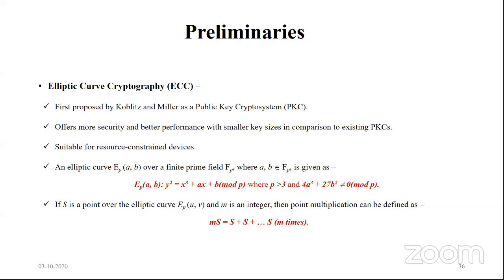If we consider S as a point on the elliptic curve and M as an integer, there is a point multiplication operation that is represented by MS equal to S plus S, and so on. So basically it represents a multiplication operation in terms of addition of points.